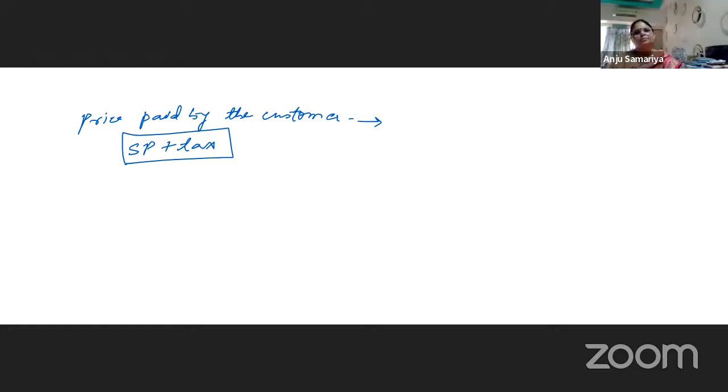So that is the input tax, and the tax which is collected from the customer, that is the output tax. And the tax to the government, that is the tax difference between the output tax and the input tax. Okay, so this output tax and input tax, the difference is also known as the tax on profit.